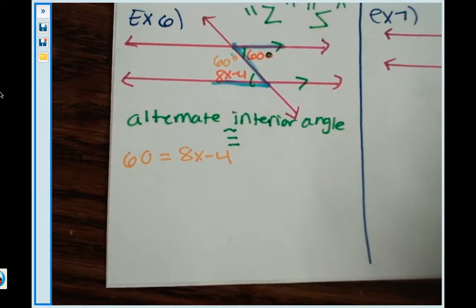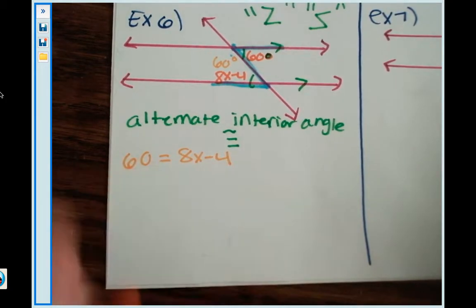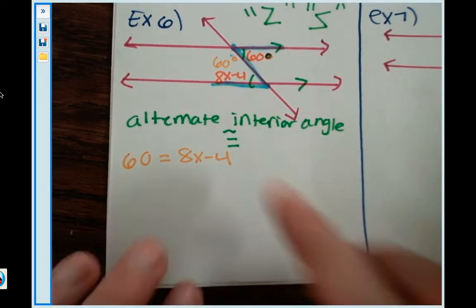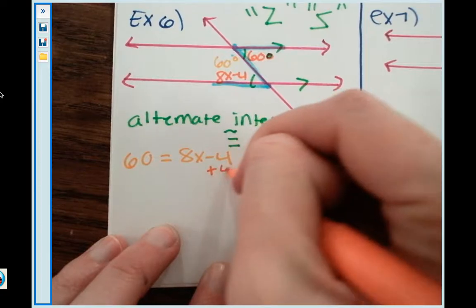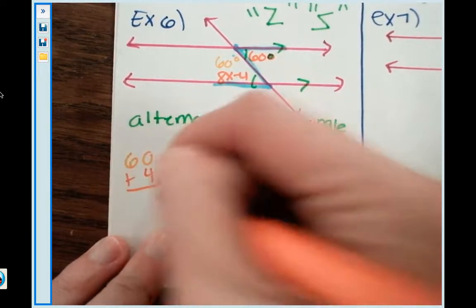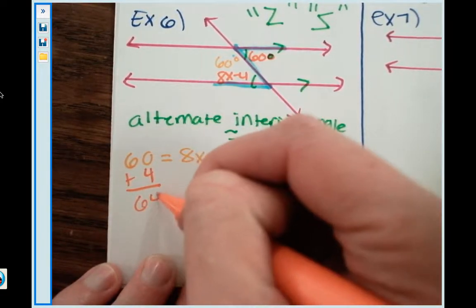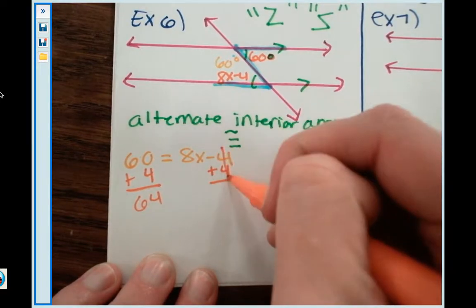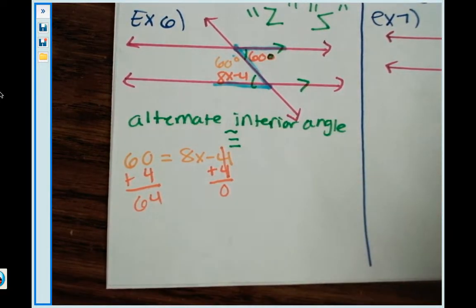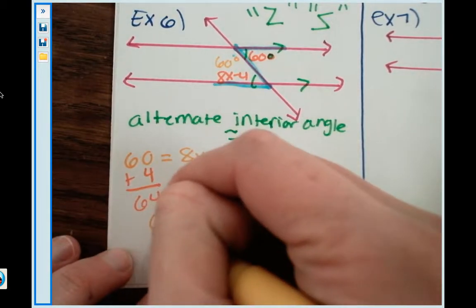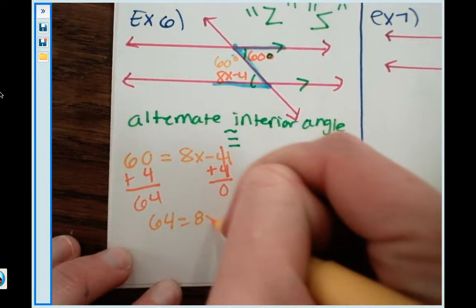Alright guys, let's start solving this for our x. I need to move negative 4 to the other side, which the way I do that is by adding 4 on both sides. 60 plus 4 is 64, and negative 4 plus 4 cancels and turns to 0. So now I'm left with 8x equals 64, or 64 equals 8x.